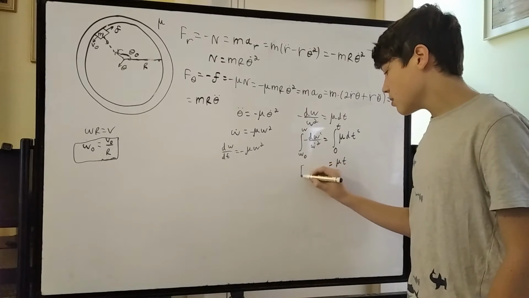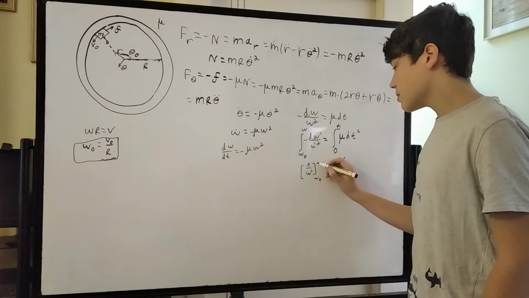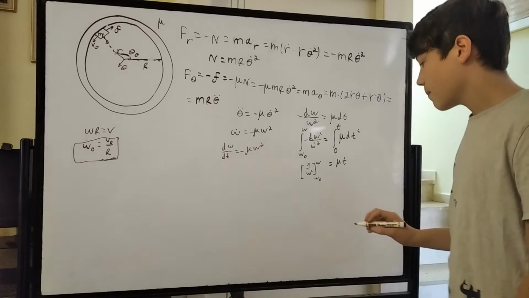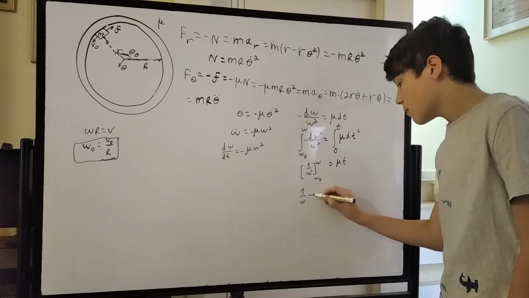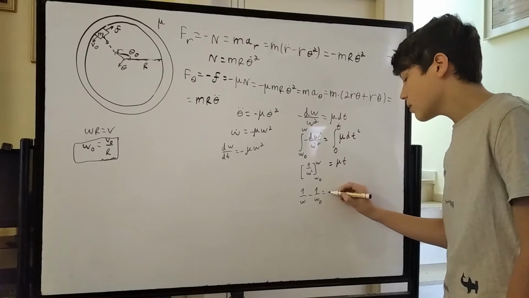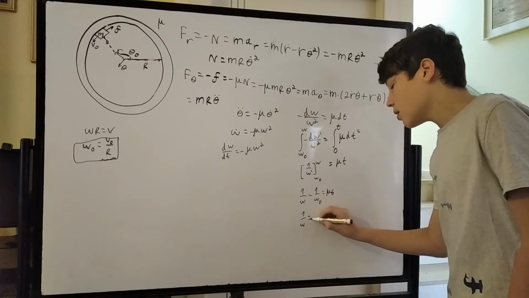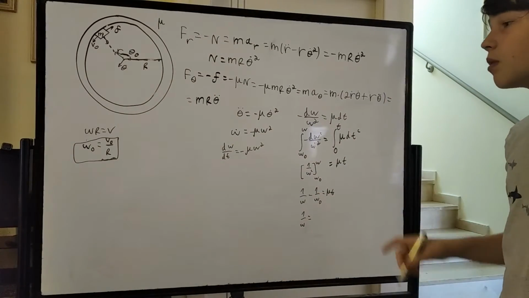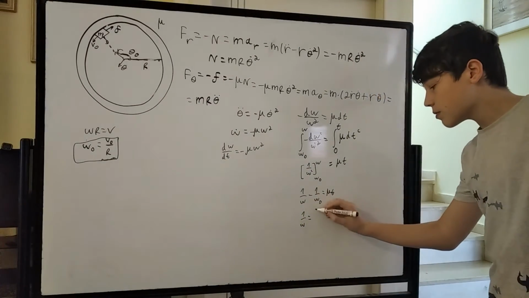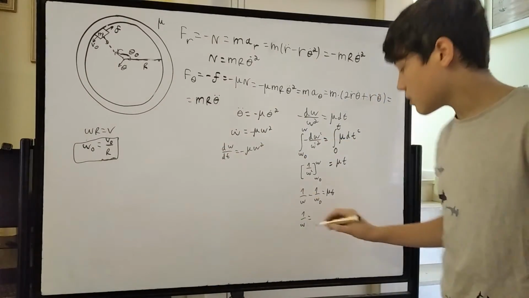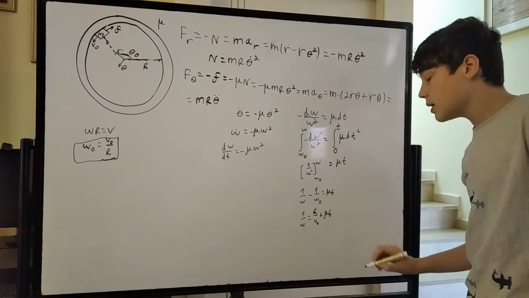And so this is 1 over omega prime from omega 0 to omega. Meaning that this is 1 over omega minus 1 over omega 0 equal to mu t. And so 1 over omega equals mu t plus 1 over omega 0. But remember, omega 0 is v0 over r. So this is 1 over this, aka r over v0 plus mu t.